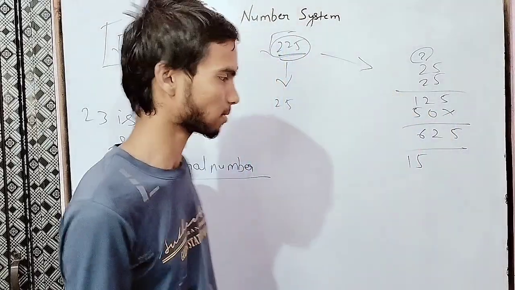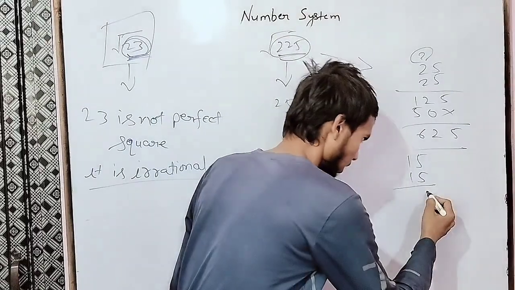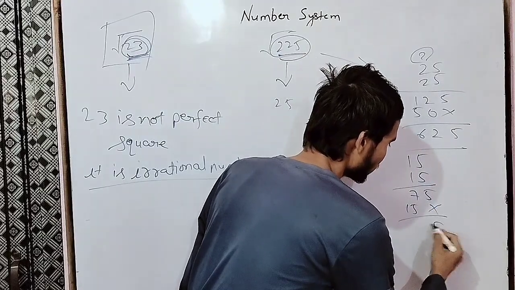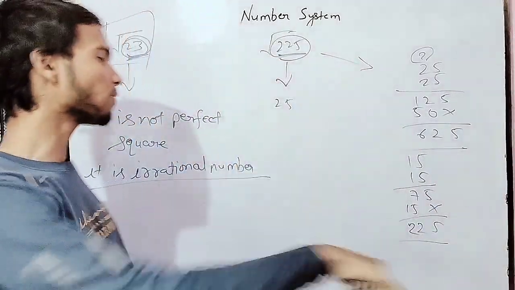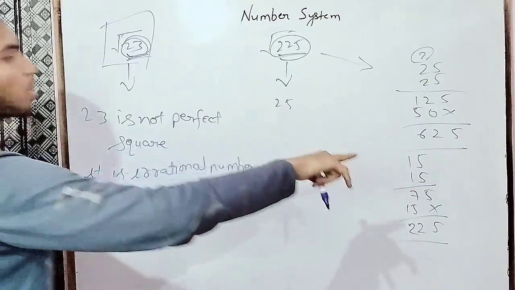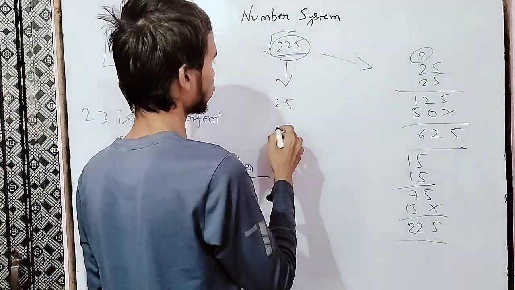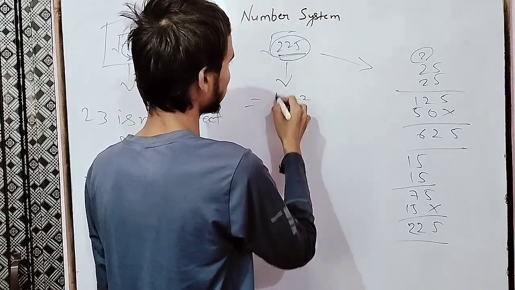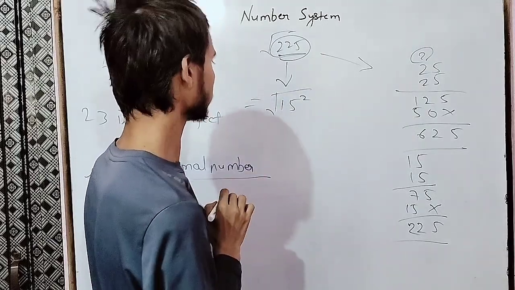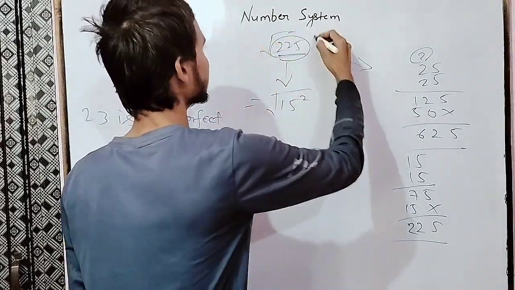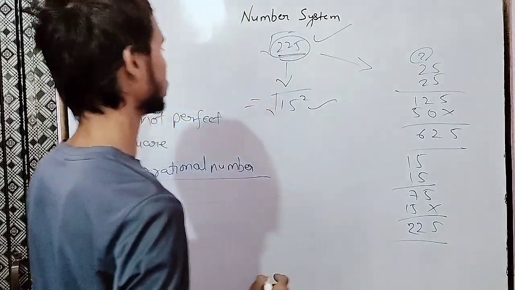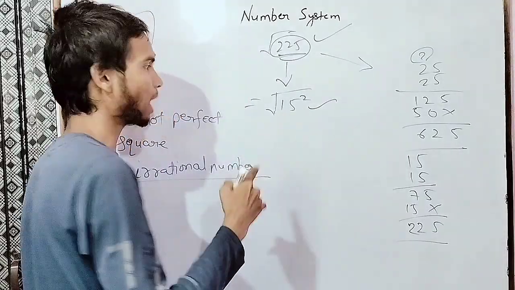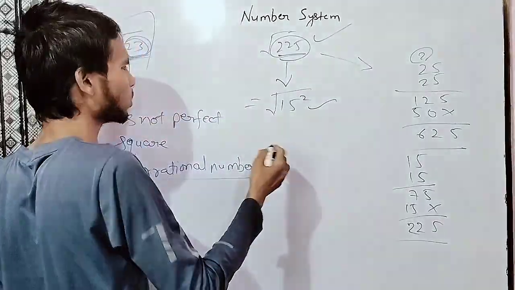Let's take 15. 15 is the perfect square of 225. So this can be written as root of 15 square. As you know, value of root is 1 by 2.